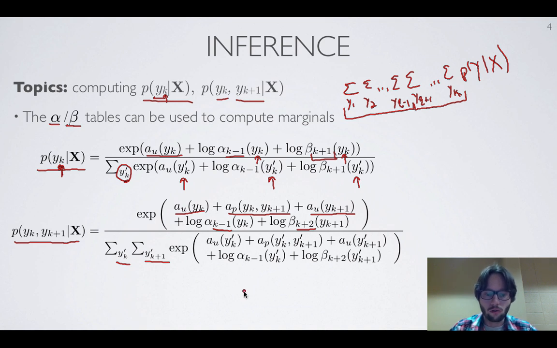So again, this is similar to a softmax operation, but a special softmax over the matrix of activations for all values of yk and yk plus 1, for these sums of unary, pairwise, and log alpha, log beta terms.